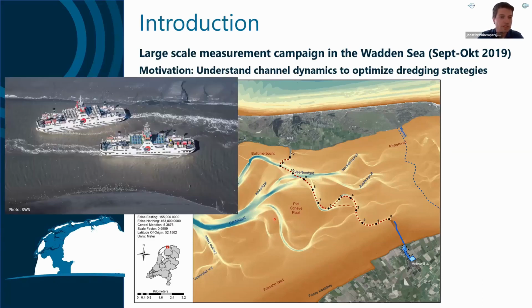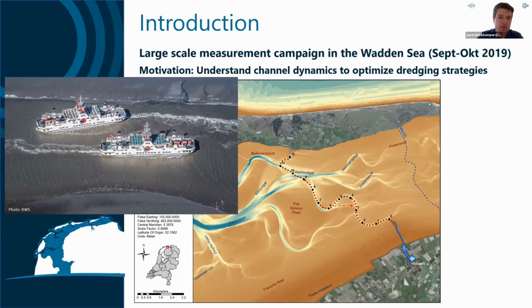Here you can see two ferries passing each other in a very narrow navigational channel during low tide. Dredging in this area is continuously needed to keep the navigational channel open. And recently, a shortcut was constructed.